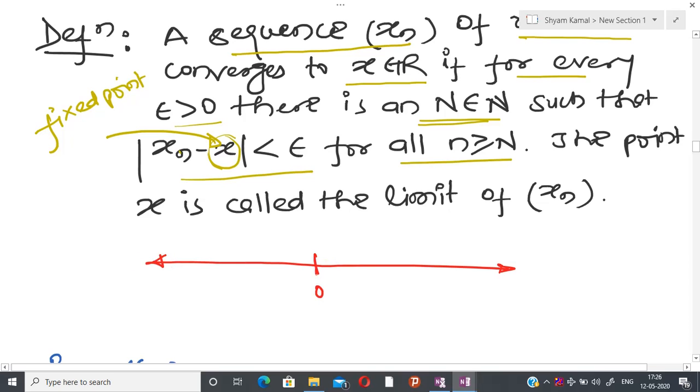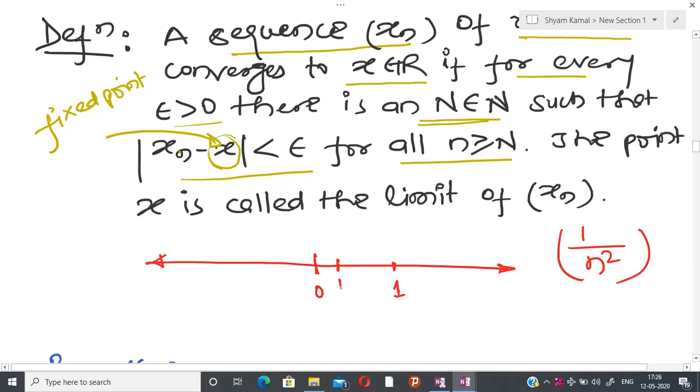So I have a one dimensional space here, and suppose that you make this kind of sequence, 1 by n square. First I will put n equal to 1, so I have 1 here. After that I will put n equal to 2, then I have 1 by 4.